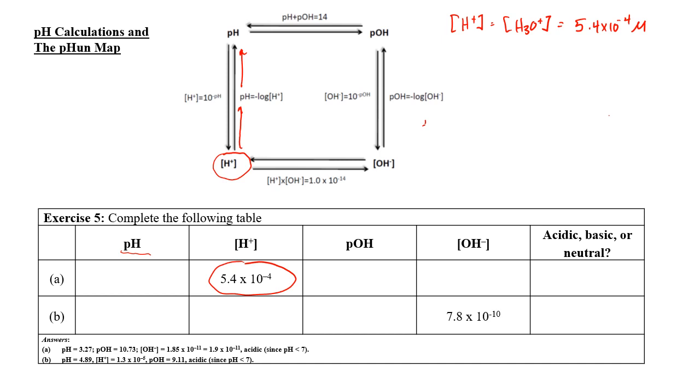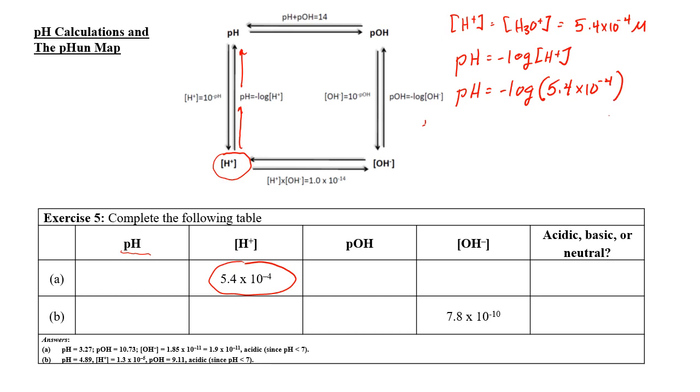The map says that the equation to use to calculate the pH is going to be the negative log of the H plus, which we have. So the pH will then be the negative log of 5.4 times 10 to the negative 4th.